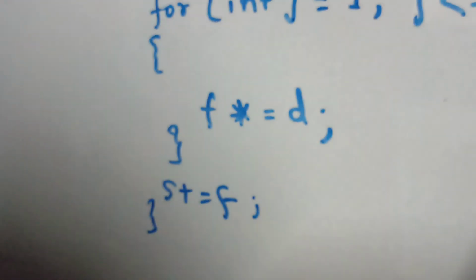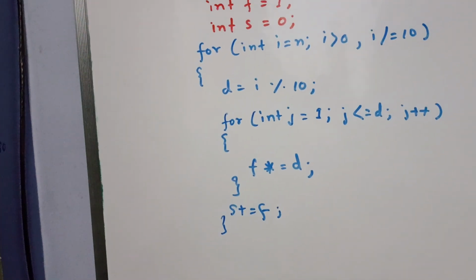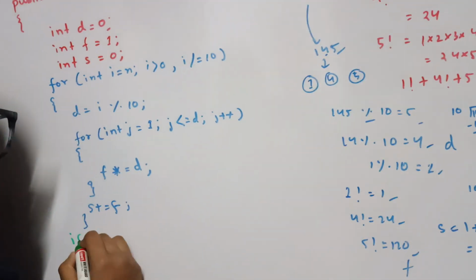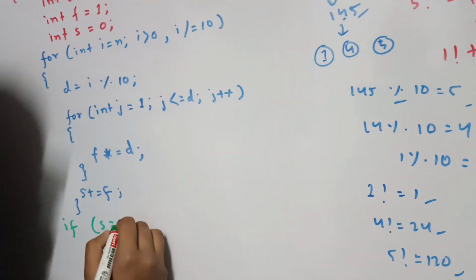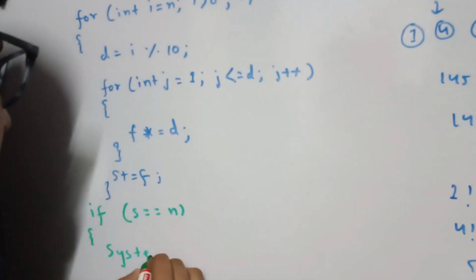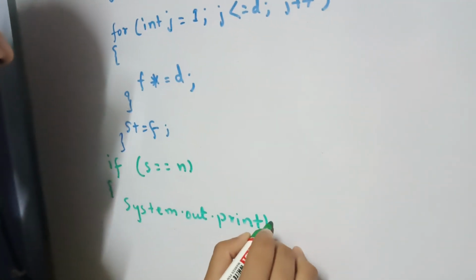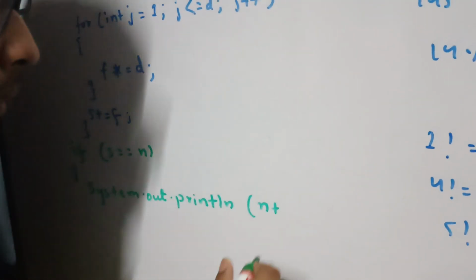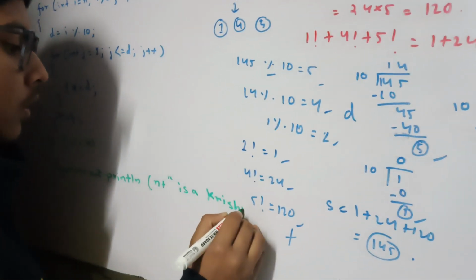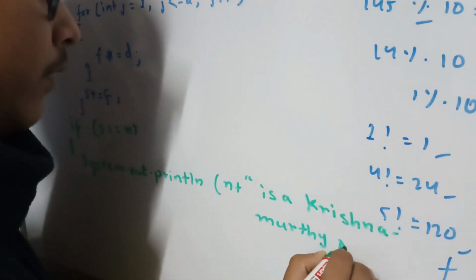Now we will write the conditional statement. If this sum is equal to the number, then we will print System.out.println n plus is a Krishnamurthy number.